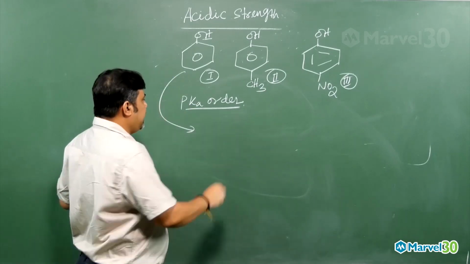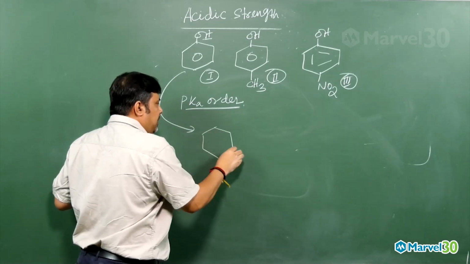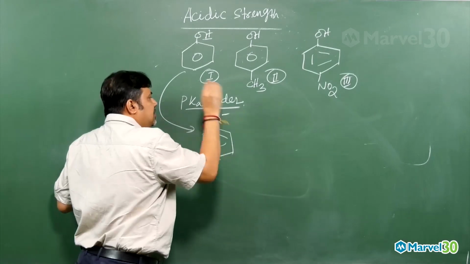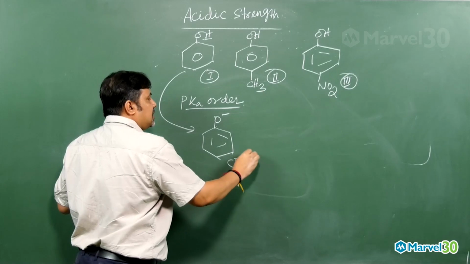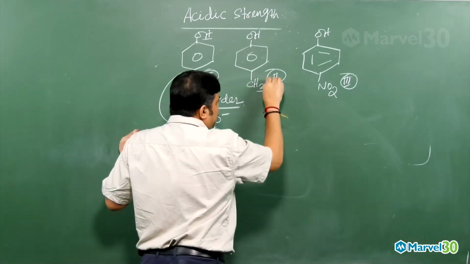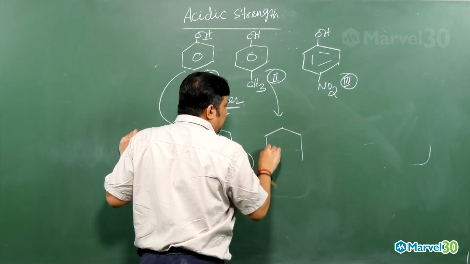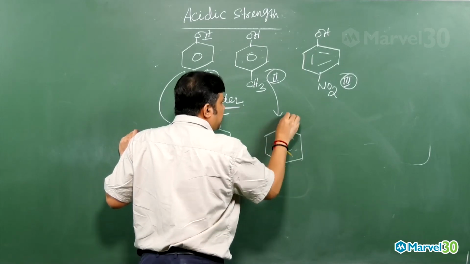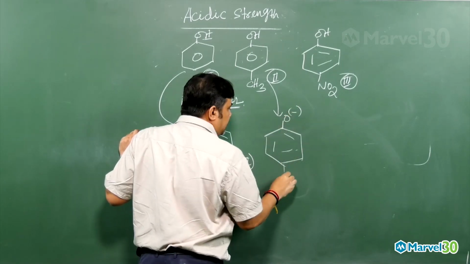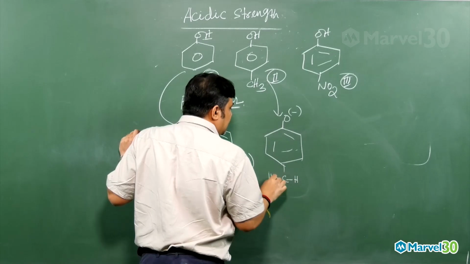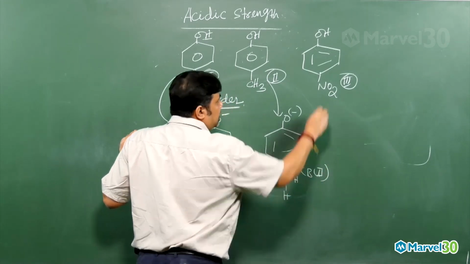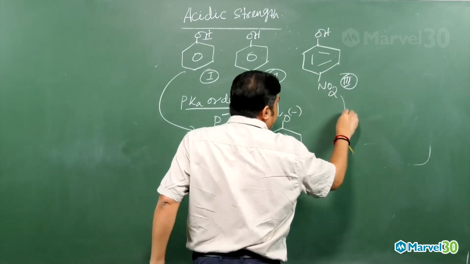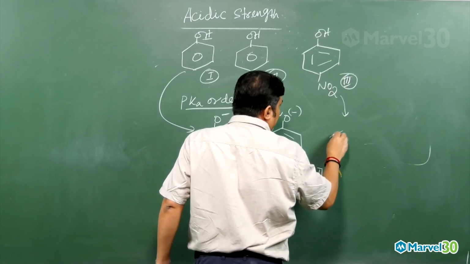After giving the H plus, what remains is the conjugate base, O minus. This is the conjugate base of structure 1, this is the conjugate base of structure 2, and this is the conjugate base of structure 3 after losing the proton.